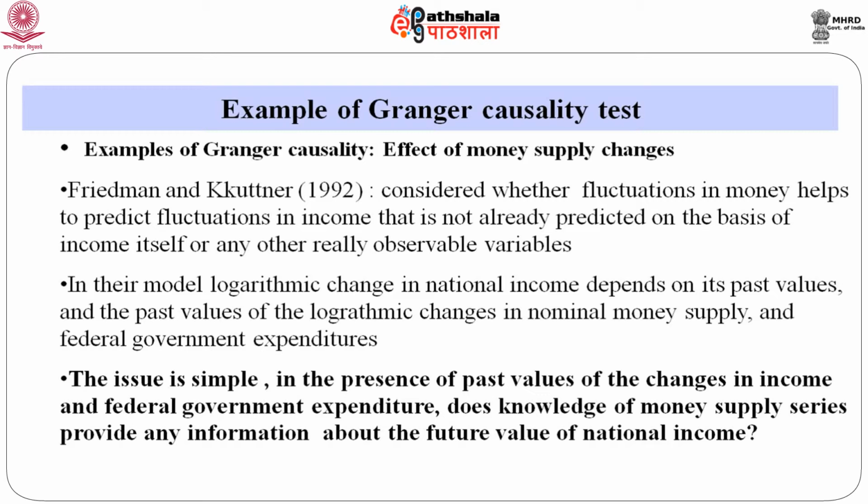That is what they did. They incorporated changes in the Federal Reserve, changes in income, and also the changes in the money supply series, and they wanted to see whether the inclusion of money supply changes provides additional information about the forecast or future values of national income.